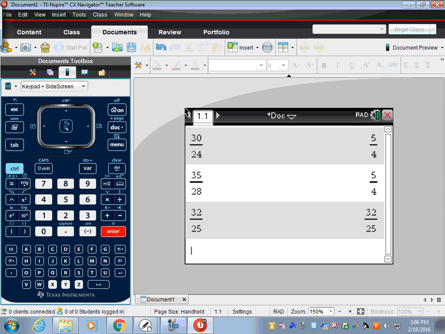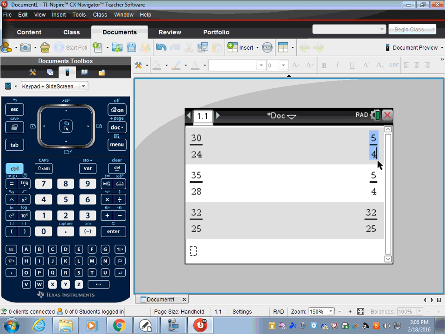All right, so the 30 over 24, 5 fourths, right? And 5 fourths, but what happened on the third one? It's the same thing. So were they all the same? No, so what does that tell me? Can I do side, side, side? Nope. They have to all be the same ratio for me to do side, side, side.